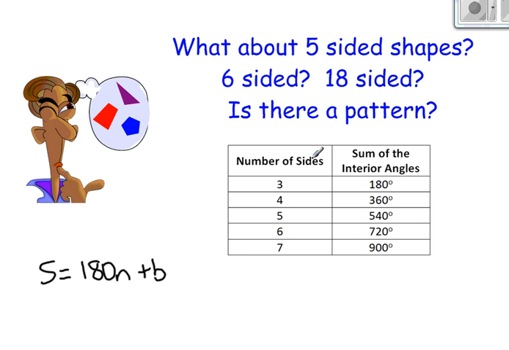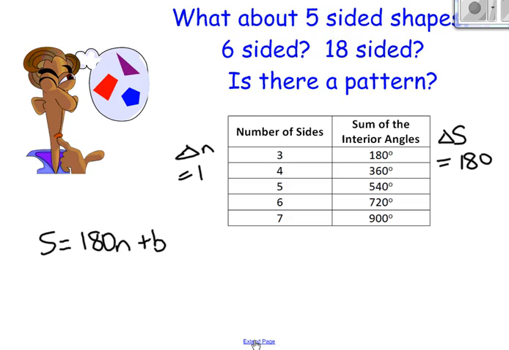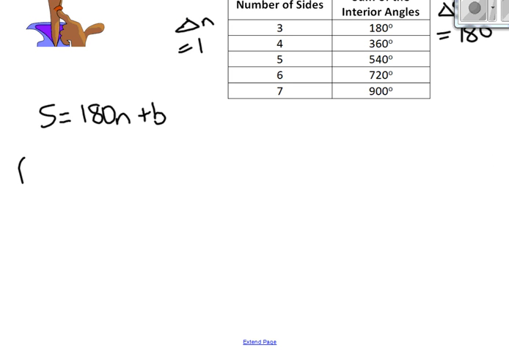So instead, we know that delta S was equal to 180, and delta N was equal to 1, and therefore the slope of this relationship is 180 over 1, and we just have to find b, or the starting value. So let's do that the way we always do it, which is we're going to substitute in a point that we know.